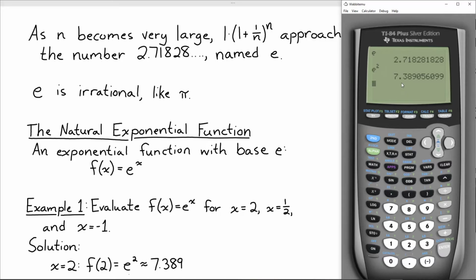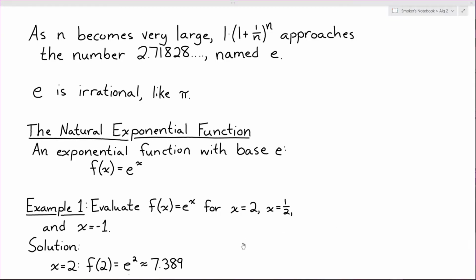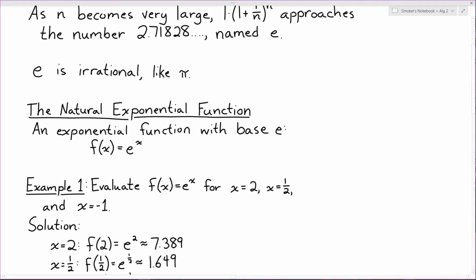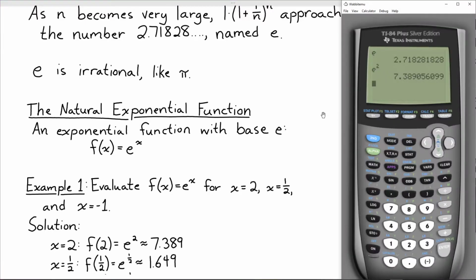That's where the 7.389 comes from. E to the 1/2: second e raised to the 1 divided by 2, enter. This would be the same as the square root of e. You don't have to write the square root of e, but the power of 1/2 is the same as the square root of e.